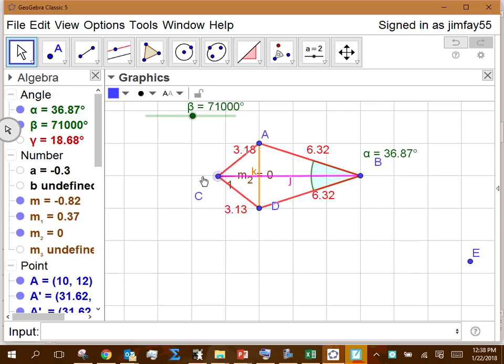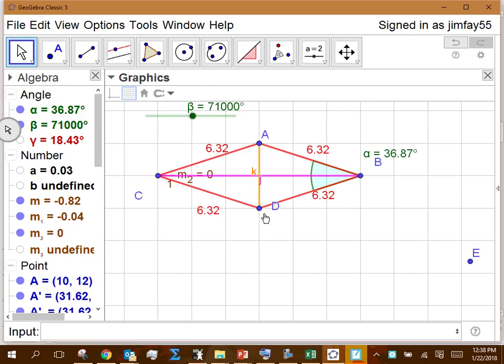Now, if I've got this vertical line and that horizontal line, M1 isn't even showing because the vertical slope is undefined. This horizontal slope is 0, so the product is undefined. If you ever get that situation, that tells you your diagonals are perpendicular.